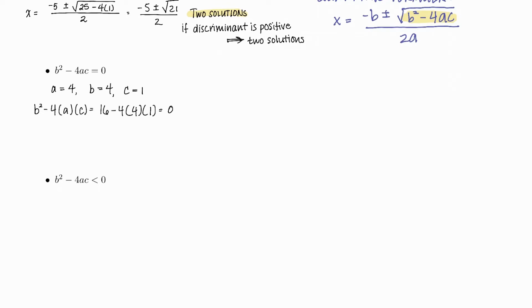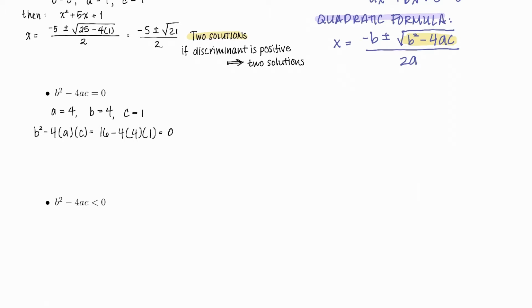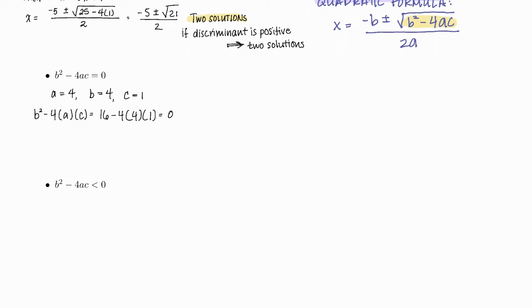So when we plug this into the quadratic equation, well, maybe we should write the formula first. If a is 4, b is 4, and c is 1, then we're looking at 4x squared plus 4x plus 1.